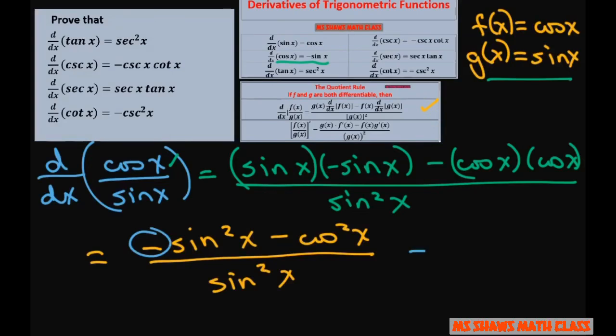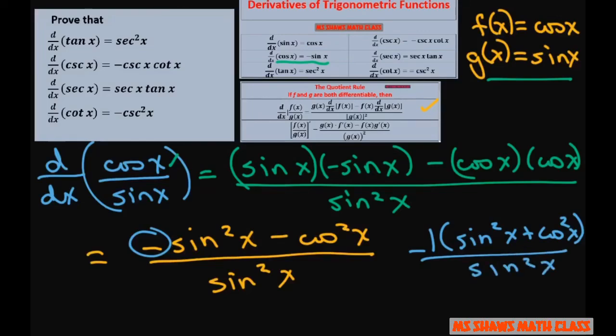So I'm going to have negative, factoring out a negative, sine squared of x plus cosine squared of x, divided by sine squared of x. So this equals 1. So what we get is negative 1 divided by sine squared of x. And that's going to equal negative cosecant squared of x.